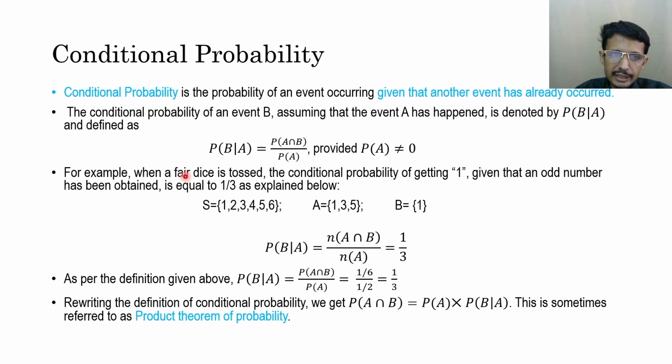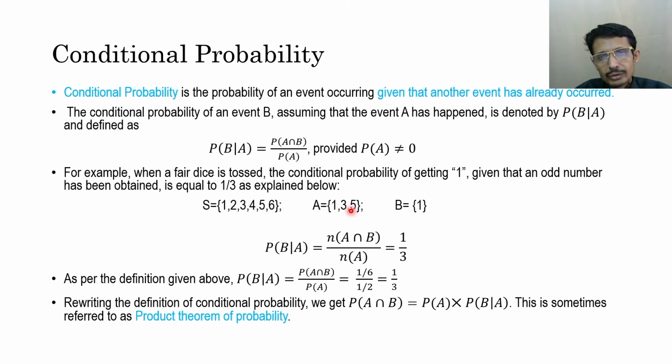For example, when a fair dice is tossed, the conditional probability of getting 1, given that an odd number has been obtained, is equal to 1 by 3. Now, you can understand the sample space is 1, 2, 3, 4, 5, 6. And what is the odd number?